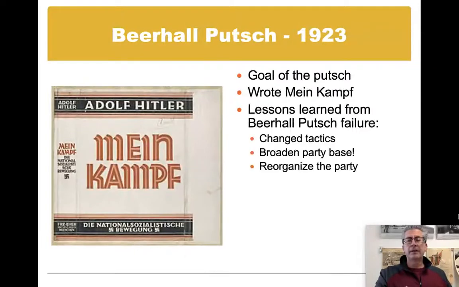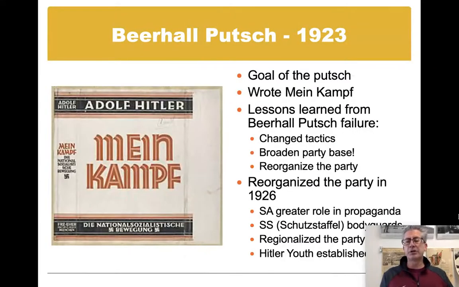Now, Adolf Hitler, remember, wanted to bring the Nazi Party onto a national scale. And so an opportunity is going to present itself here in 1923. They are going to make this their moment to break out.